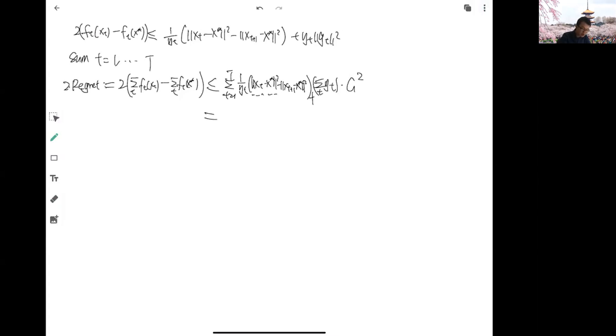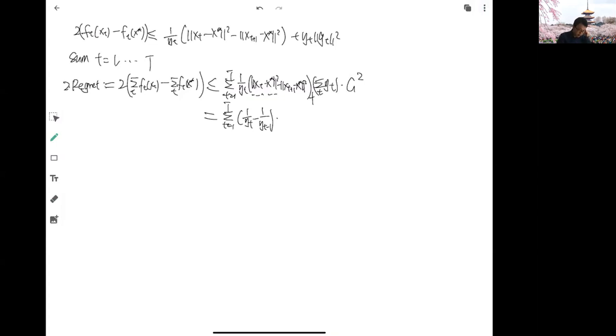That gives us the sum of t from 1 to T of 1 over eta_t minus 1 over eta_{t-1}. Notice that at t equals 1, eta_{t-1} is not really well defined, but let's abuse notation for now and write it down like this.